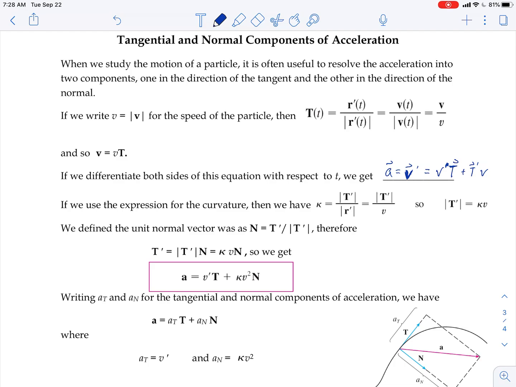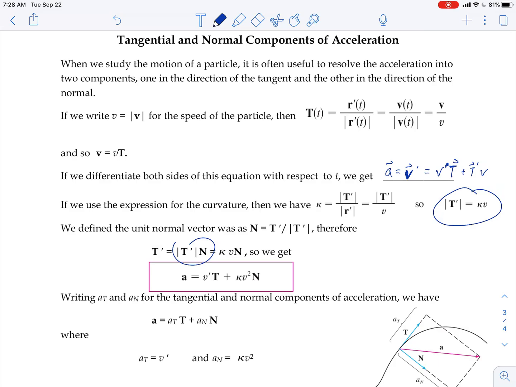Therefore, the derivative of the unit tangent is equal to the magnitude of the derivative of the unit tangent times our unit normal vector, which is equal to the curvature times speed. So substituting that in, the derivative of the unit tangent is equal to the curvature times speed times the unit normal vector.